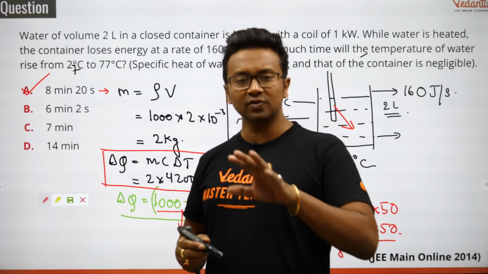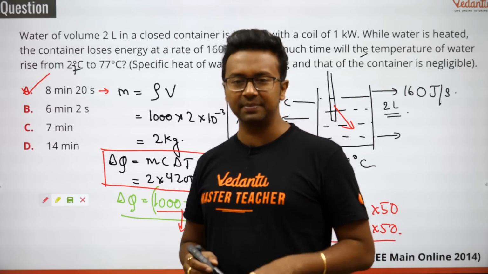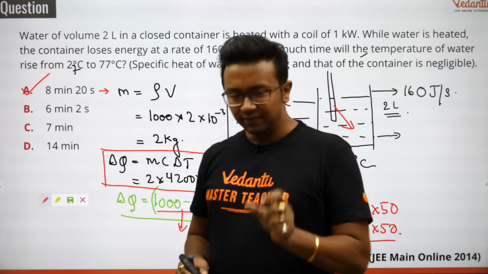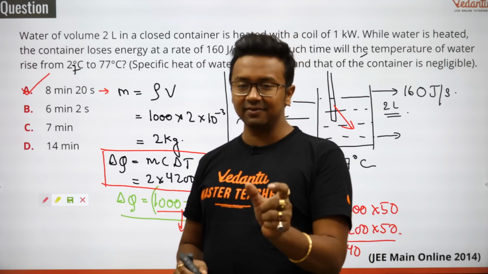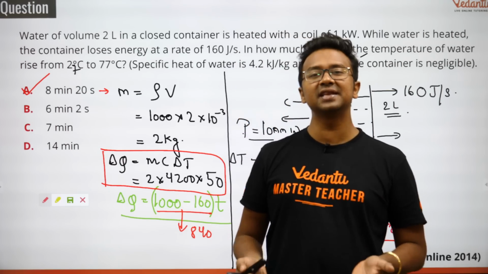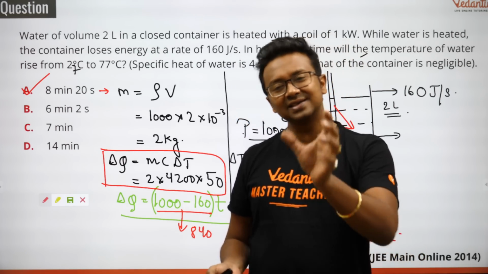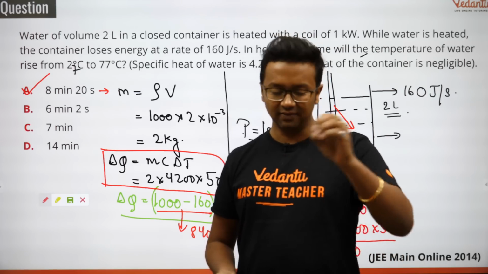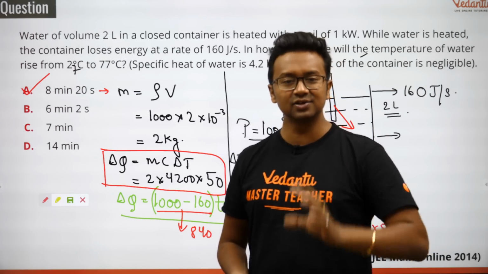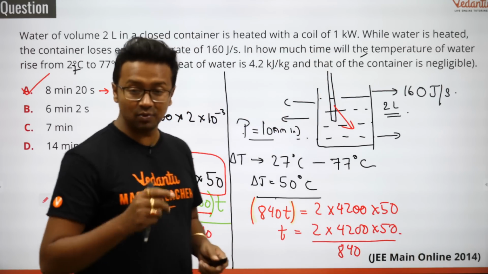Most of the times, listen to me, we are talking about change in temperature. So delta T, whether it's in degree centigrade or in Kelvin, is the same thing overall. If you are getting something in Kelvin, even if you write it in degree centigrade, it is going to remain the same. Alright. Chalo guys, let's go to the next question.